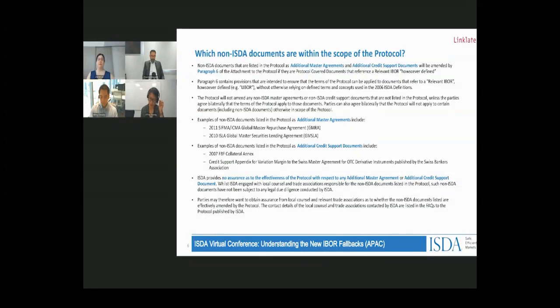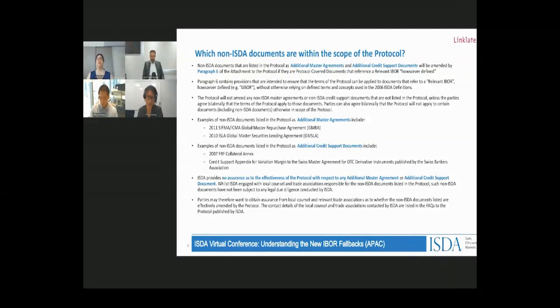But you can do the opposite as well, in that you can agree bilaterally again outside of the protocol framework to say that actually I don't want certain of my master documents or my trade confirmations, as Francis mentioned, to be covered by the protocol, even if it is at first instance. So that is a useful thing, I think, for all of us to remember, that signing up to the protocol and adhering will obviously be a very great help to us in amending our legacy positions, as Iping has also said.